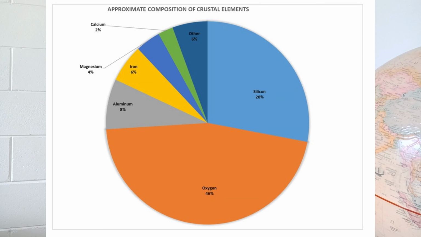And if you watch the episode on elements closely, you may have noticed this graphic that I shared during that episode. So go watch it if you haven't already. Anyway, the two most abundant elements on the chart are silicon and oxygen. This observation becomes important here.